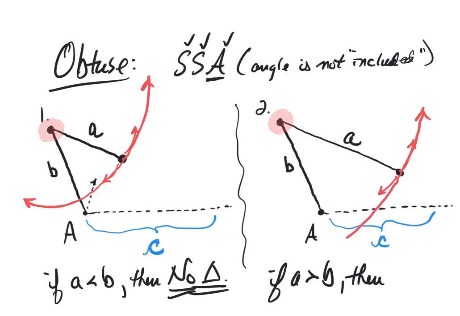But when I swing it down, it is going to intersect side C. Because it intersects side C, I know that A is going to fall right there, and now I can complete my triangle. This would be side C. So if A is greater than B, then we have one triangle possible.